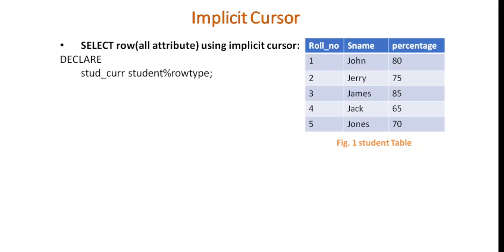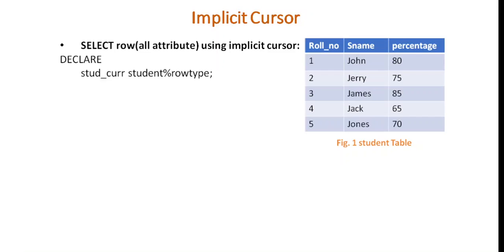It is a record variable, and we are assigning the type of row to studcur. It means studcur is a record which can hold an entire row in a table. So the definition of the record is studcur student%rowtype.